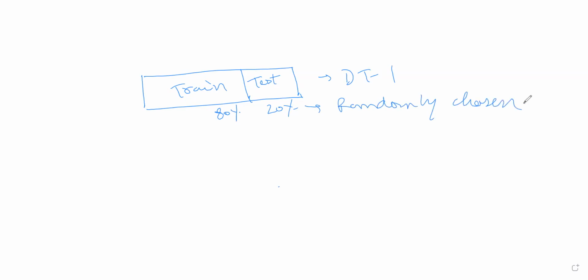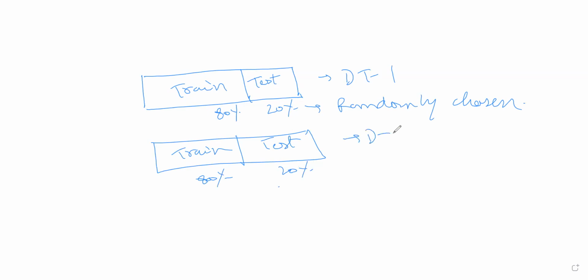This is what your test data and train data look like. For decision tree 1, it is say 80% train and this is 20% test. This is randomly chosen. When you do it a second time, again you break it into a train data and a test data, 80% and 20%, for decision tree 2, but this is also randomly chosen.